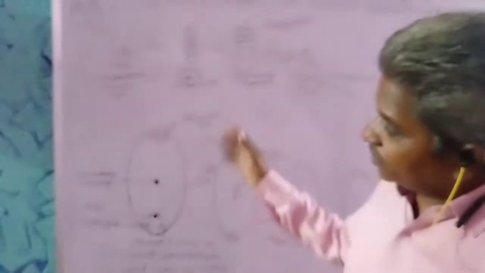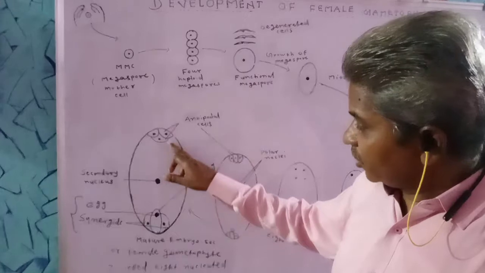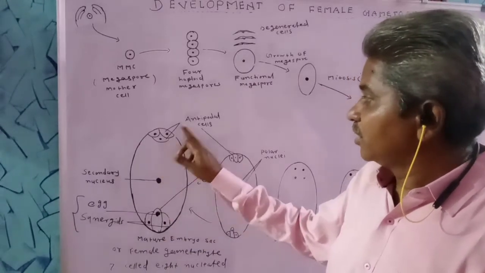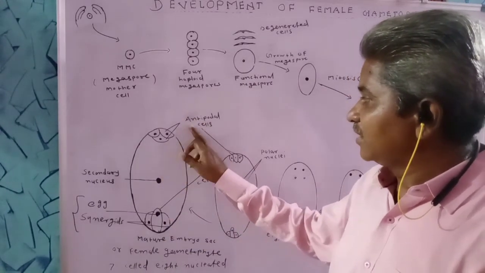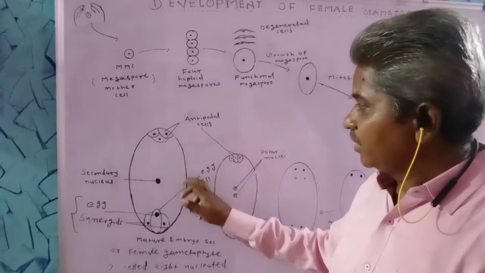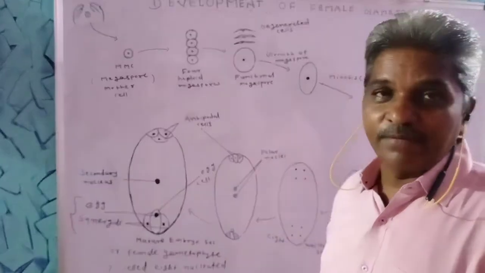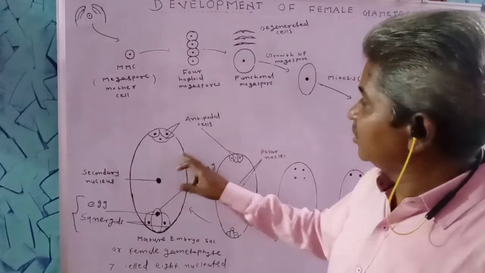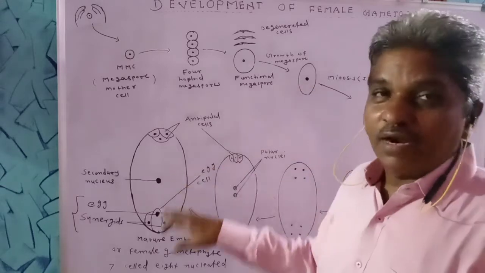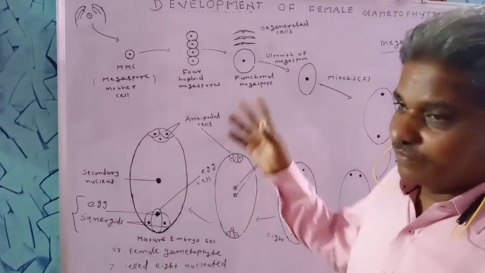The functional megaspore itself is 1 cell, and within it there are another 6 cells: 3 antipodal cells towards the chalazal end, and 3 cells in the egg apparatus.